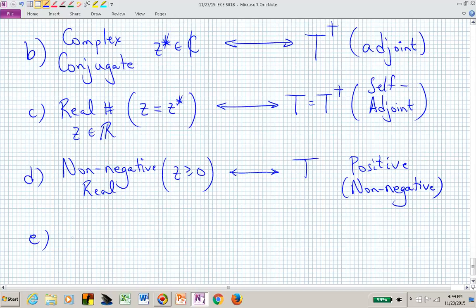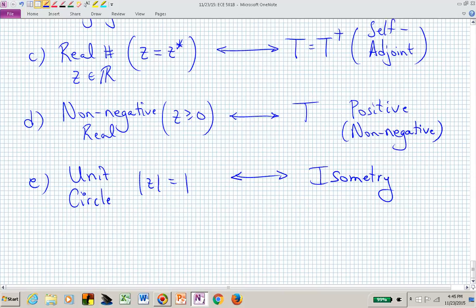We just recently talked about this, though we didn't introduce it so much with respect to the analogy, but now we can. What if we said that the absolute value of that complex number is 1? What kind of an operator now do we have? Pardon? We had an isometry, which is normal, right? So this one was the isometry. In a complex inner product space, all the eigenvalues have absolute value 1.